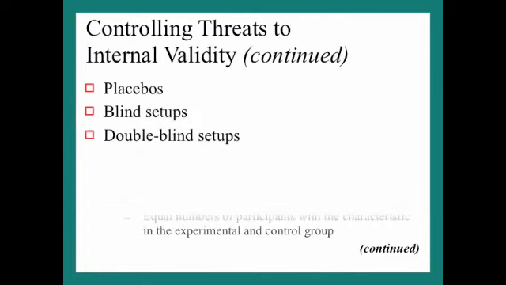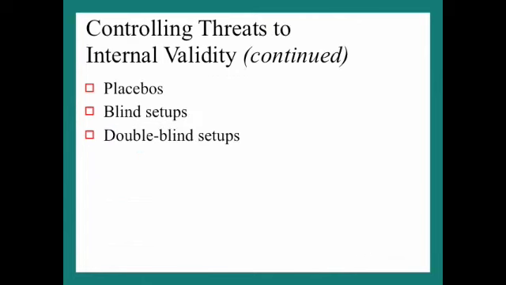The other way that we control internal validity issues is by using a placebo effect. Now, with the placebo, the control group receives a fake treatment where they think they are getting a treatment.